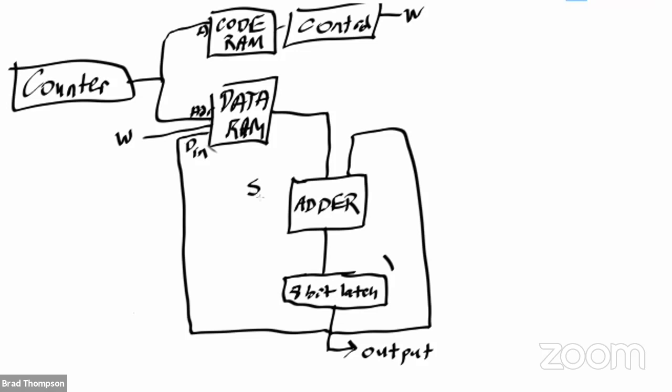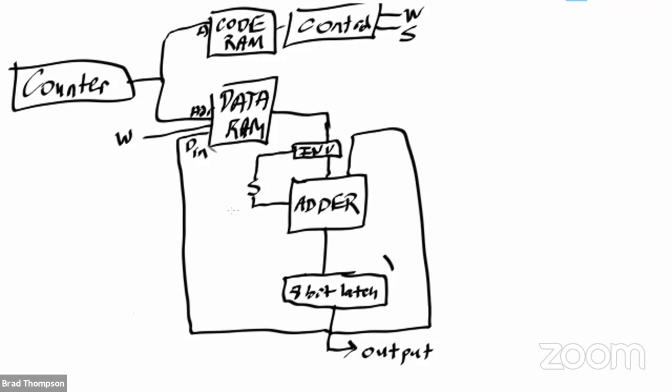We remember from a couple of weeks ago how most things end up doing subtraction through 2's complement binary trickery. So I'm going to add another output out of this control that I'm calling S for subtract.